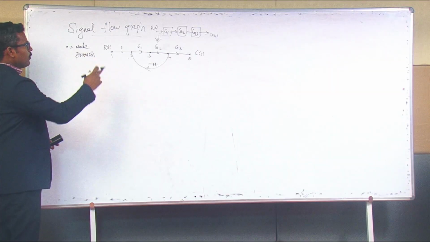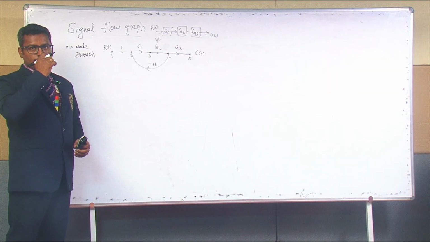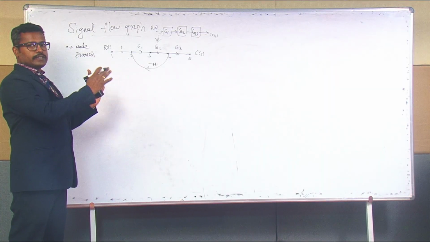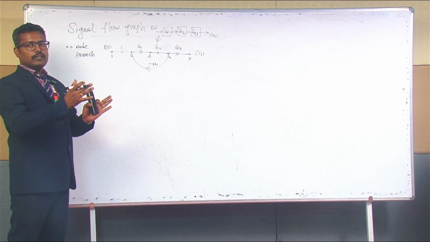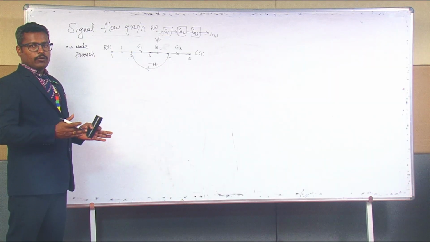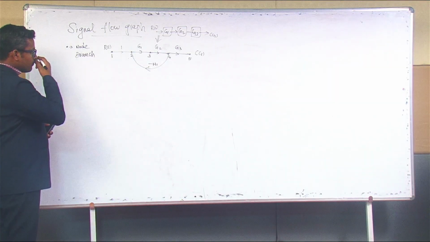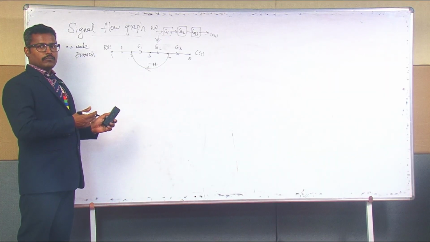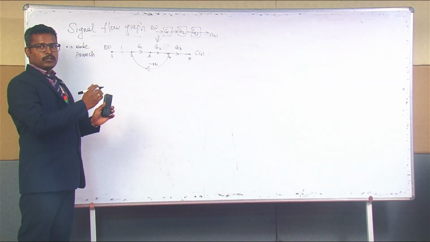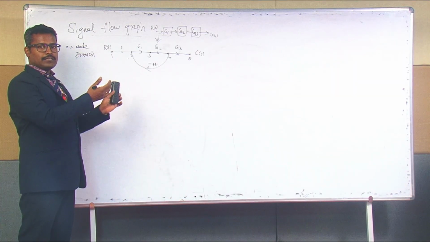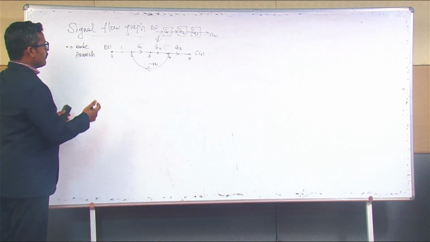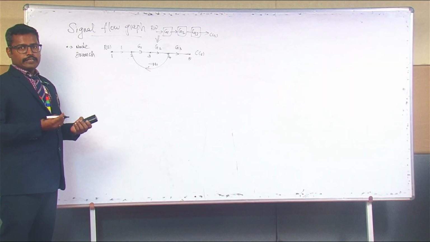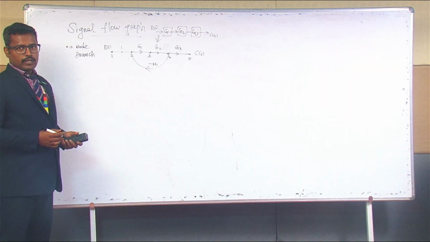Okay, so signal flow graph reduction is the technique used to convert the overall signal flow graph into a single transfer function. Okay, so by using Mason's gain formula, we can calculate the transfer function from the signal flow graph. So before that, we can discuss some basic rules for converting a signal flow graph into the transfer function.